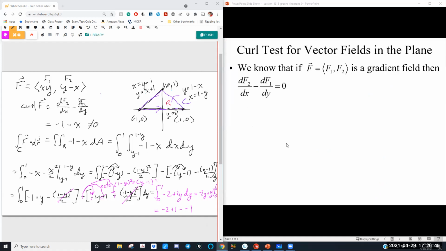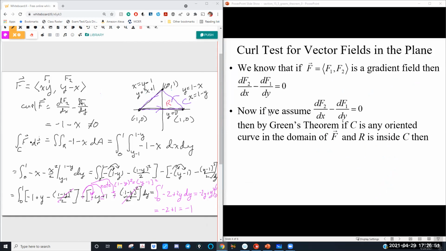We've already talked about the curl test, right? If the curl is 0, then we have a gradient field. So if we were to do Green's theorem, well, remember Green's theorem needs C to be a closed curve, then we're going to get 0. So if we get a 0 for the curl, we're not even going to use Green's theorem.